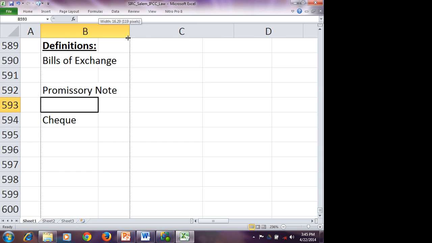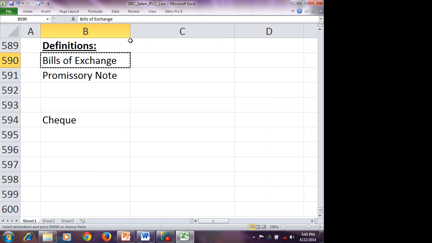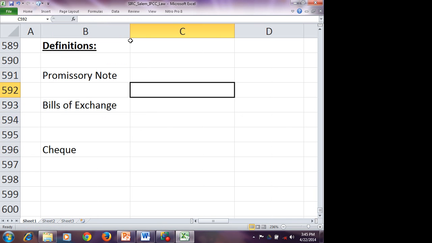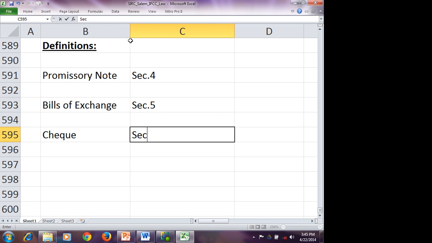But first, it is better to do the definition of promissory note. Then comes check. So, what is called a promissory note? Section 4, Section 5, Section 6. Yeah, promissory note means what?